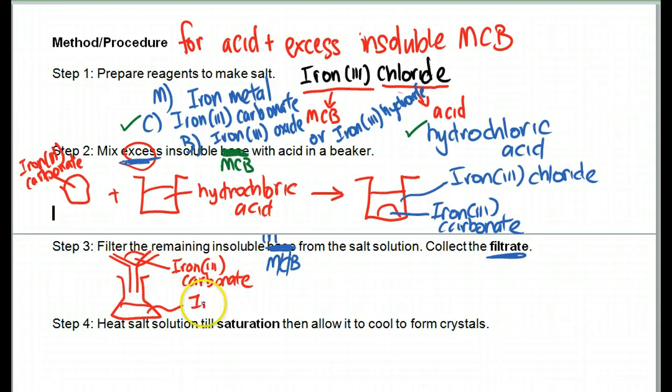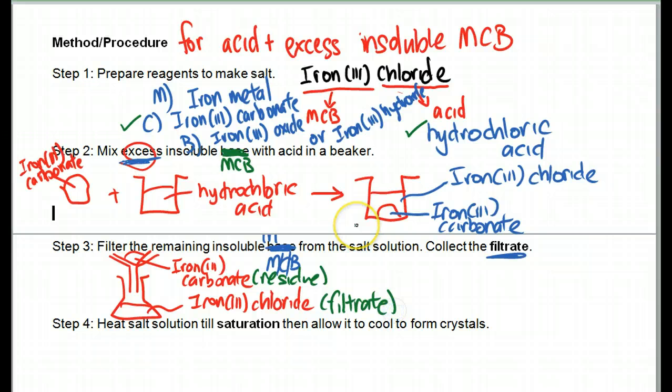And the solution here will be your iron 3 chloride. The iron 3 carbonate is known as your residue. Iron 3 chloride, which is the solution, is known as your filtrate. So just take note of this.